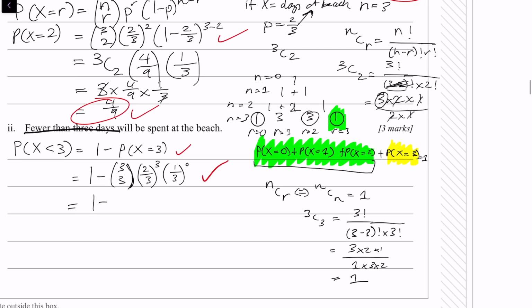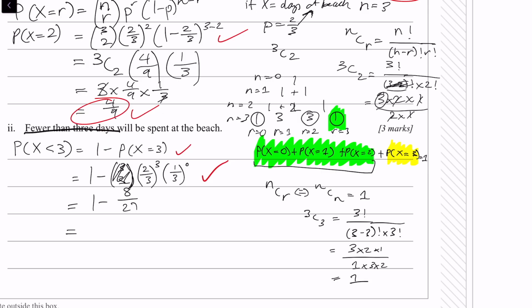So that basically just cancels out to 1, and then 2/3 raised to the power of 3, so 2 cubed is 8, and then 3 cubed on the bottom is 27, and then 1/3 to the power of 0 is just 1, so that just stays the same there. And then again, if you have trouble doing this, that's okay, just make sure you know how to work with fractions.